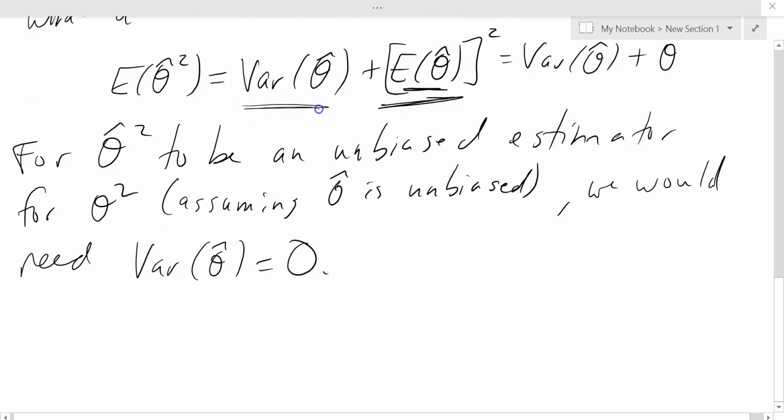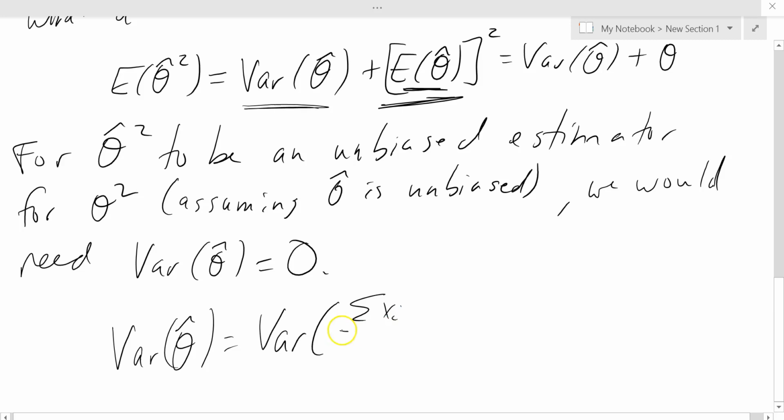Well, I need to know what the variance of theta hat is. So the variance of theta hat would be the variance of the sum of the x of i's over n. That was how we estimated theta, right? What do you do with a constant when you move it out in front?